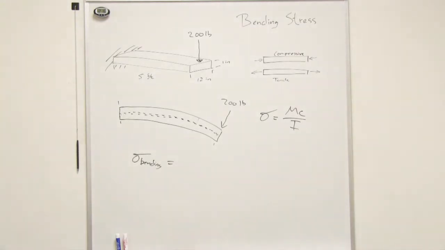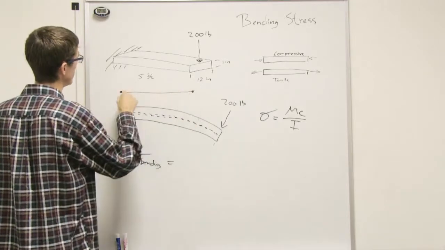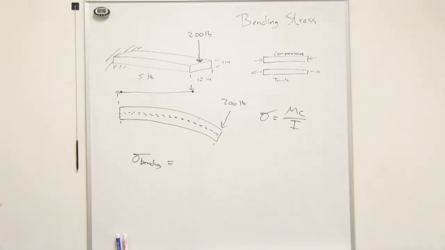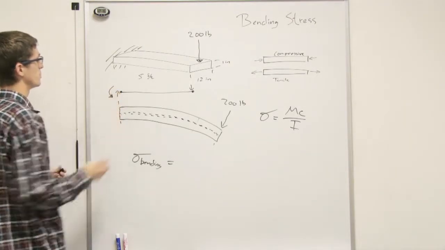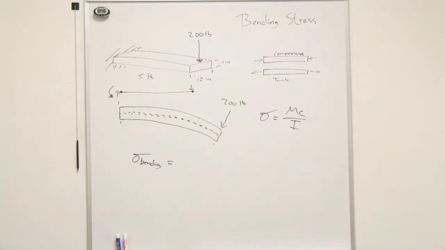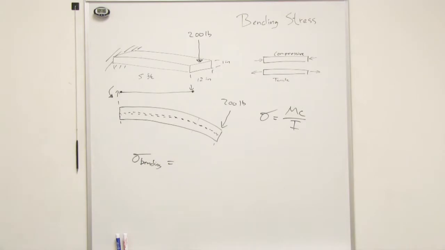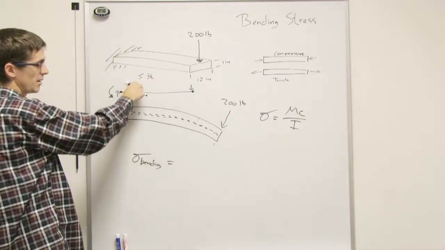If you look at this piece, using statics, let's draw a free body diagram right here. If this force is being applied, there has to be a reaction force, and there also has to be a reaction moment keeping this thing from spinning, right? So there's going to be a moment right there. The maximum moment is going to be at this end. So let's figure out what that is. Our moment is equal to our 200 pounds times our distance of 5.